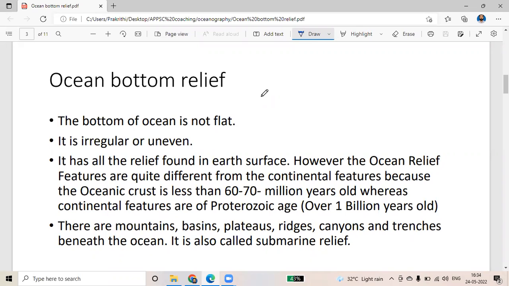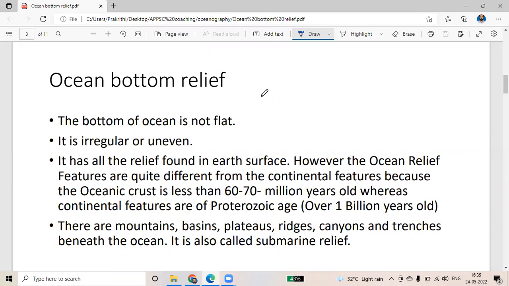But as the oceanic part is covered by water body, it is very difficult to understand the relief of the ocean bottom. जो ocean bottom के नीचे की बात है, वो पहले से it's almost unknown. Sometimes we thought that it is flat, just a basin, but it is not like that.